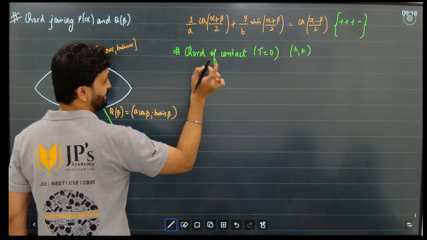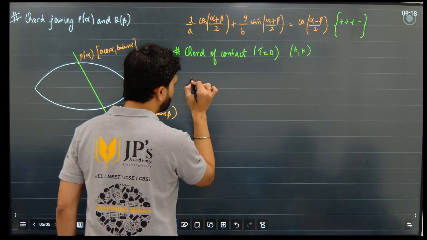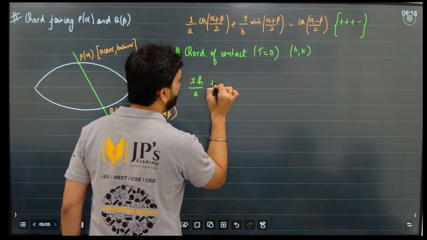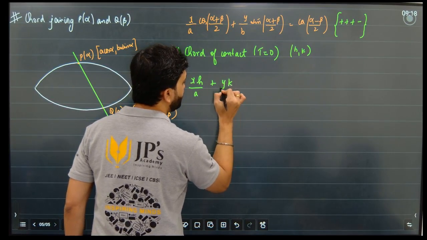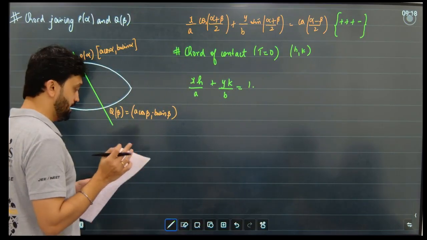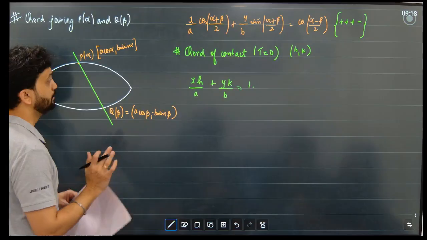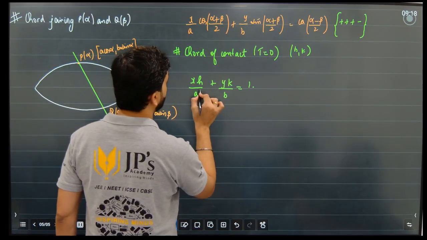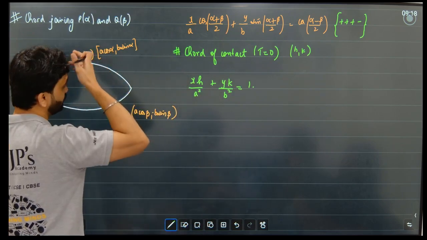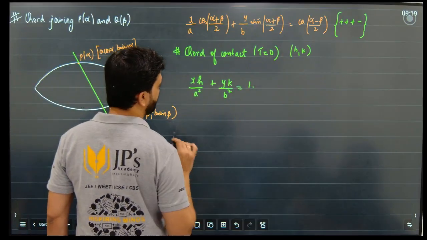So see this, if it is h comma k, my formula will become, since it is at a point, xh upon a plus yk upon b is equal to 1. Sorry, b square, I'm sorry, my bad. xh upon a square, that is xx1 by a square plus yy1 by b square equal to 1. The point is h comma k.